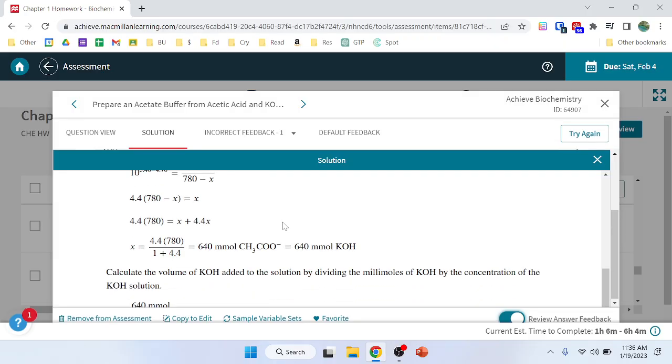Okay. So we wrap up our math. So it's 4.4 times the 780. I would do it individually, and I would use numbers that have more decimal places, so I don't have such a large rounding error. So that would be 4.365 times the 789.36 divided by 5.365 for these numbers, which is 1 plus the 4.365.